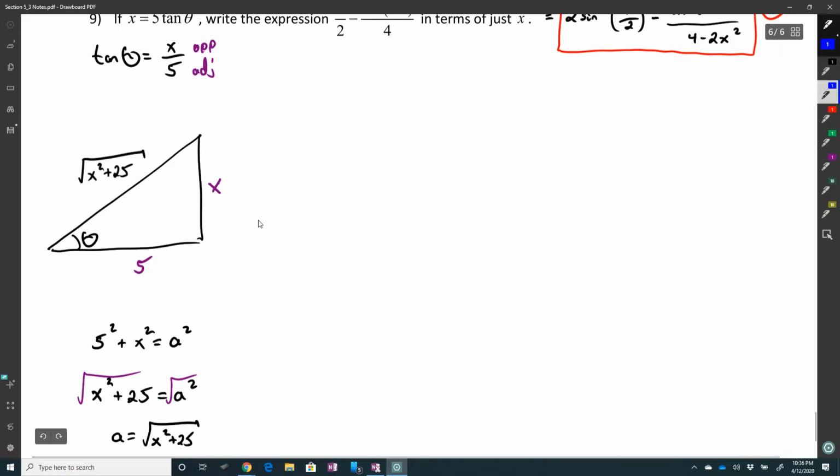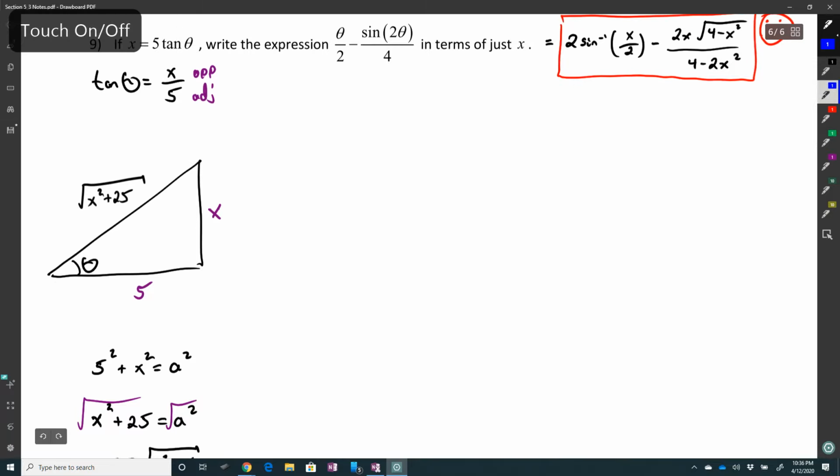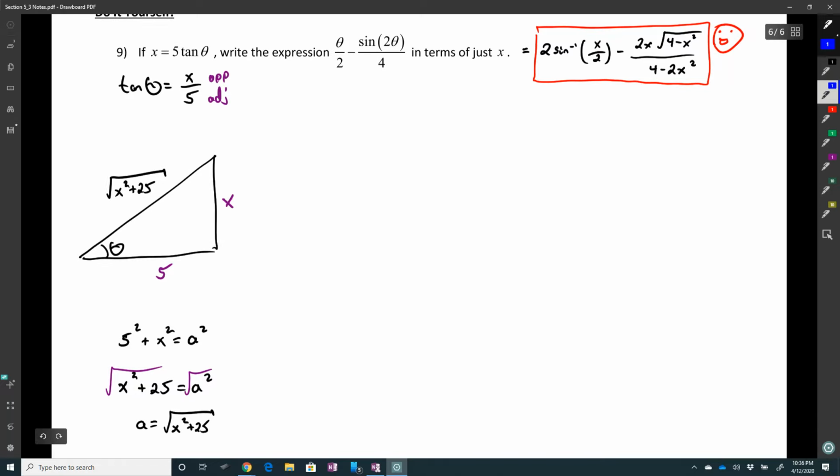Now, what they want me to find is this. Okay, I had to click on it like 5 times. So here I have theta over 2 minus 2 sine theta cosine theta over 4.